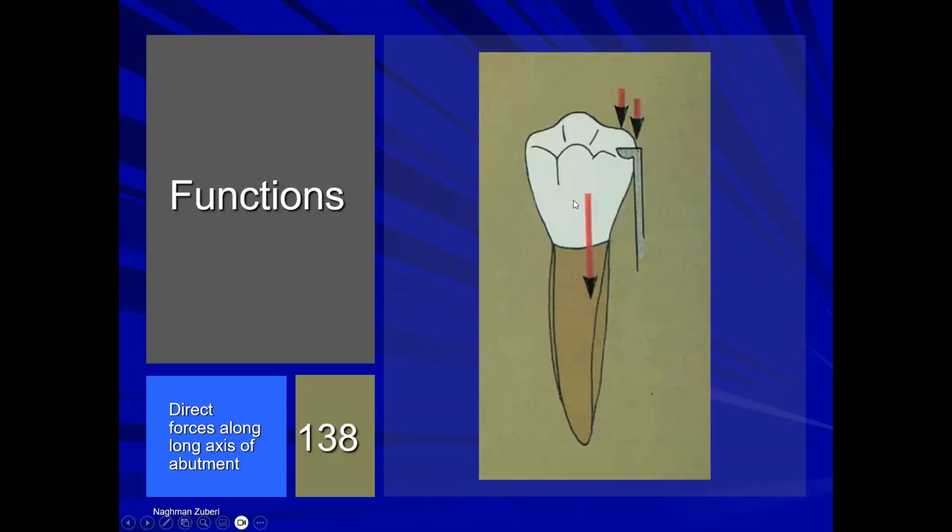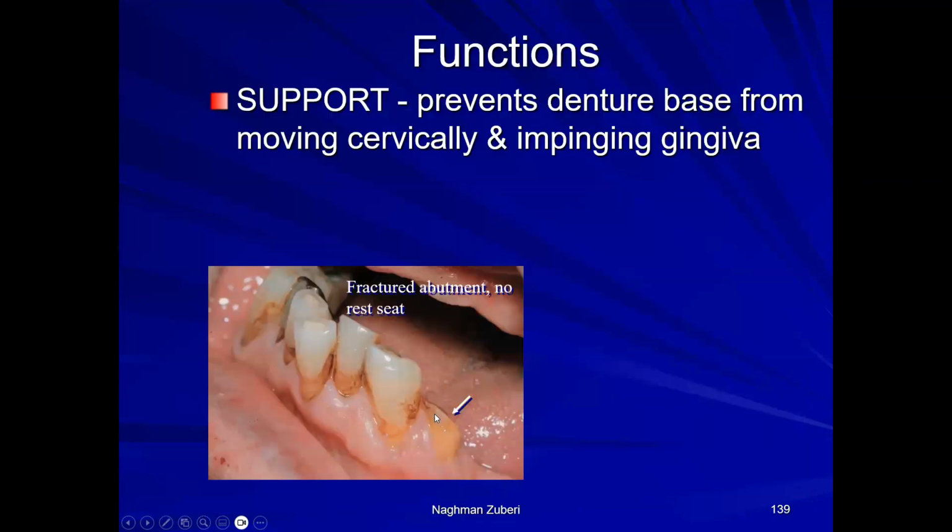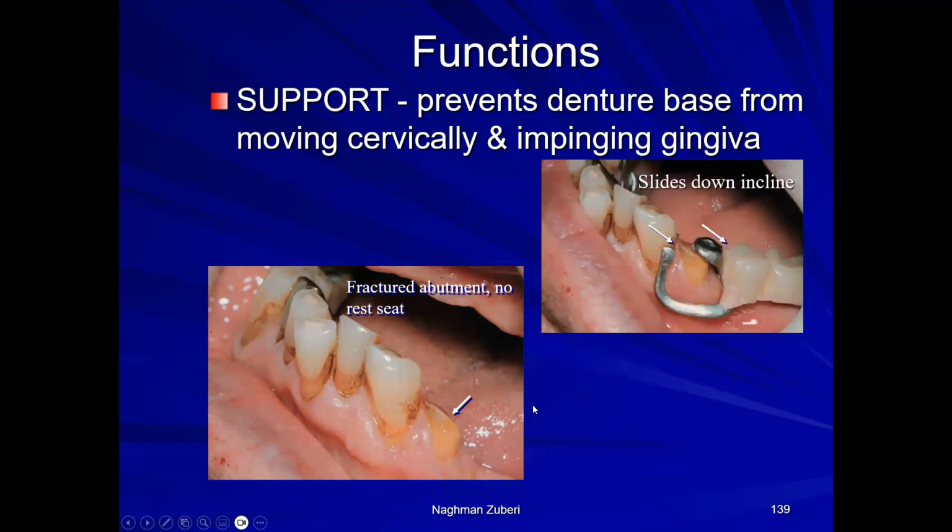It directs the forces along the long axis of the abutment tooth, so it provides support. Apart from that, it also does not let the denture impinge on the soft tissue. That is one of the major reasons we use it.